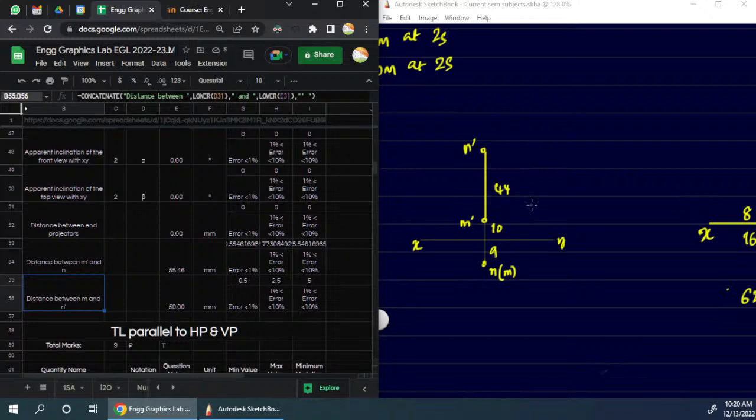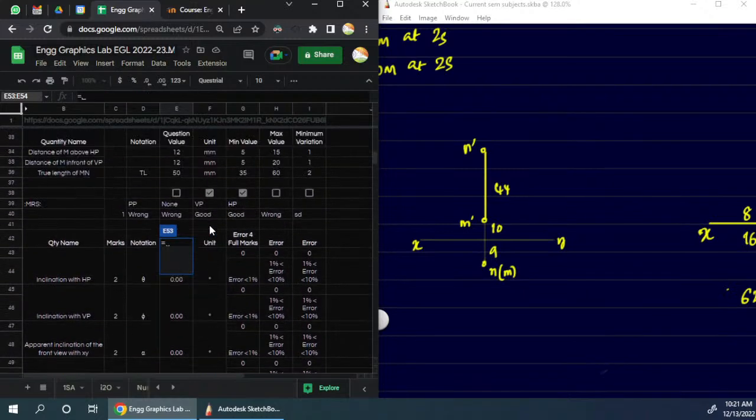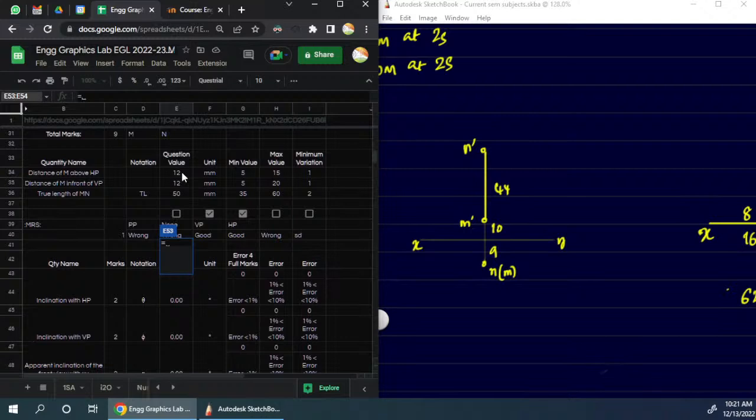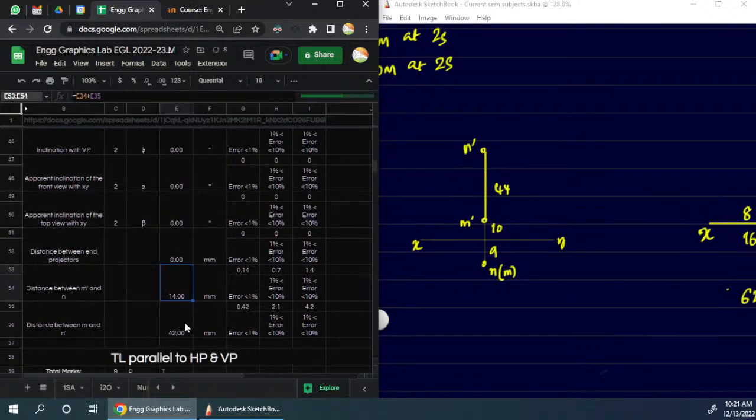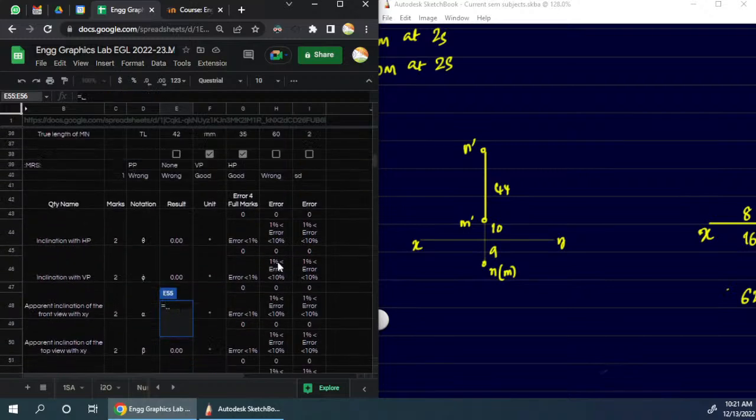So let's see what are the distances. Projectors, of course, that's 0. M dash and N, that's 9 plus 10. So this has to be the sum of the lower two values. And distance between M and N dash, that should be the sum of the three values.